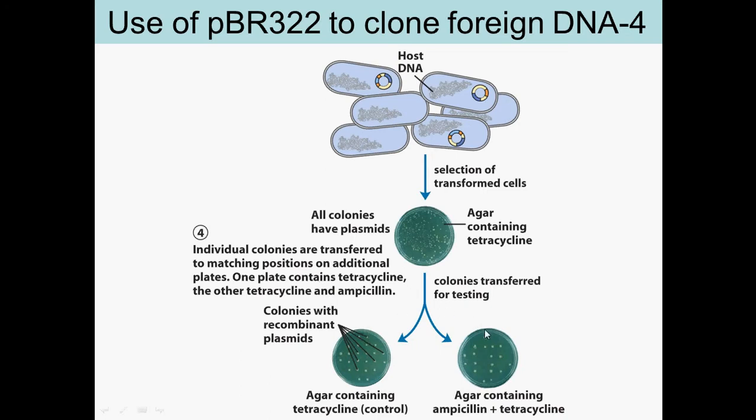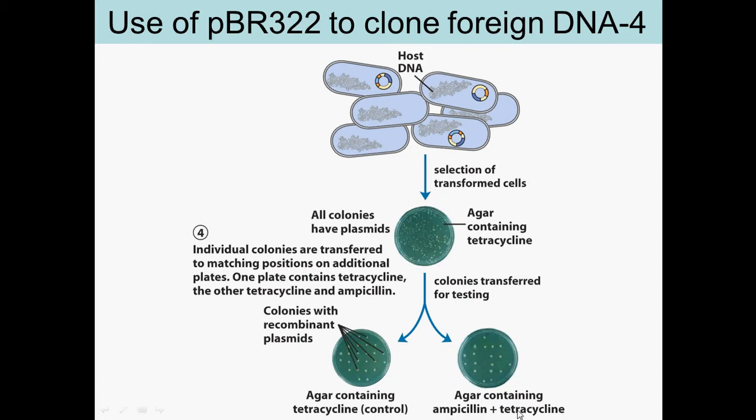So then what you do is you take a toothpick and you touch one colony, touch over here, and then touch over here, and then take another isolated colony, touch over here, touch over here, and then you do that with all other dots, and then you let it grow. And then you see that over here everything grew because it's only tetracycline, so you expect everything to grow because everything has tetracycline resistance.